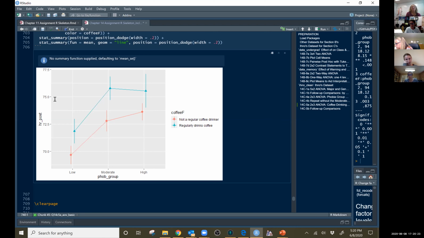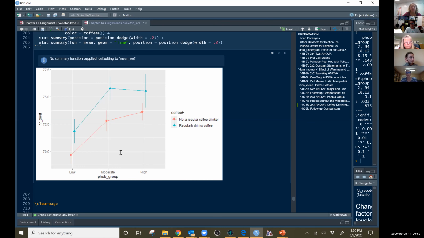Then we would want to do a follow-up test on phobia because it has 3 groups. What about coffee? If it's just not a regular coffee drinker and regular coffee drinker, then we don't need a follow-up. So we can say regular coffee drinkers have higher heart rates than non-coffee drinkers of all phobia groups.